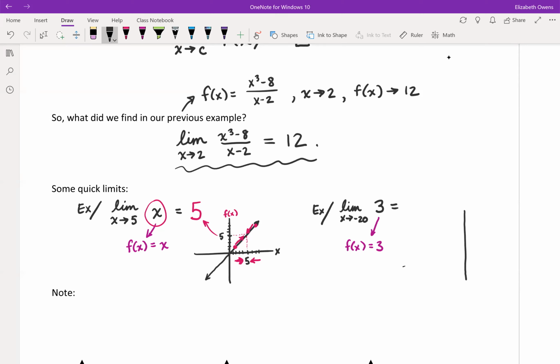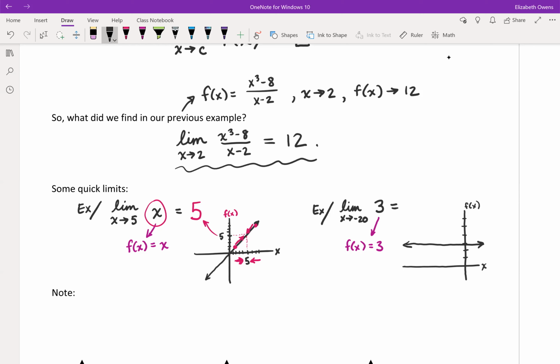So we want to get our x values close to negative 20. The function f of x equals 3, if you'll recall, is just a horizontal line. So 1, 2, 3, horizontal line, just like that.